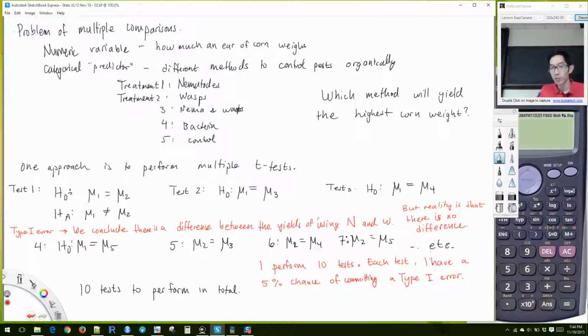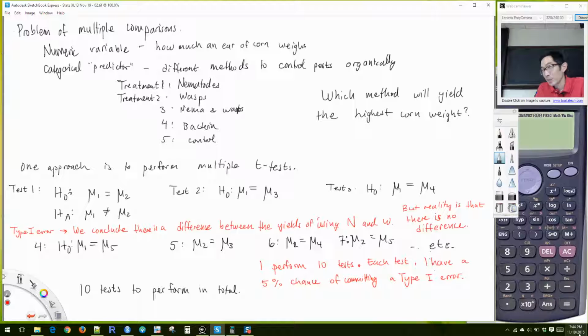So what's the probability that I emerge unscathed after 10 tests? Not good, right? Because it's like playing some silly game where every time you play, there's a 5% chance of disaster, right? I don't know how bad type 1 error is, but let's say this is a bad thing if you commit type 1 error, okay?